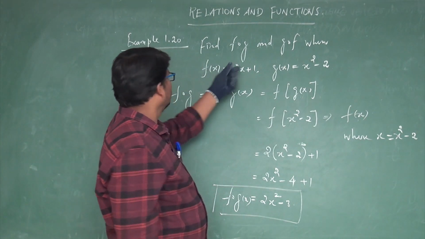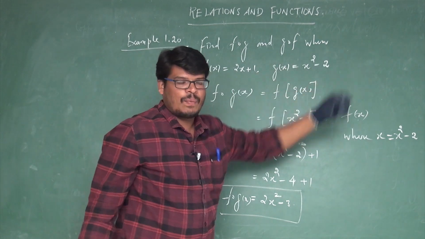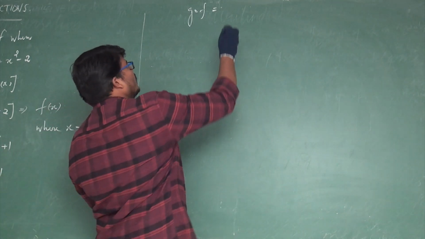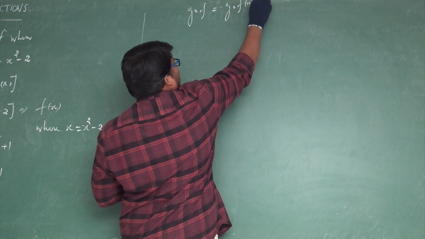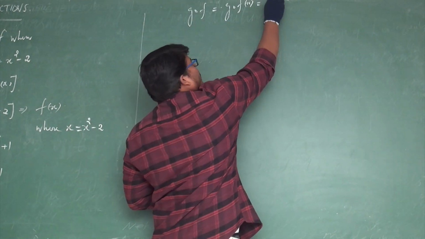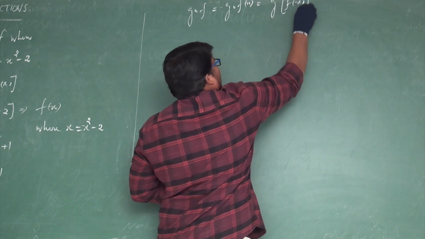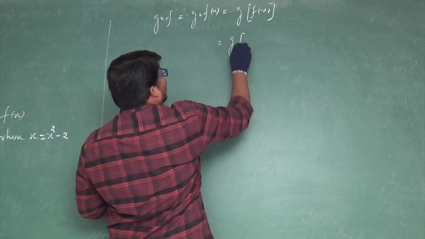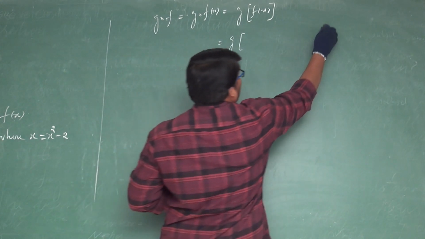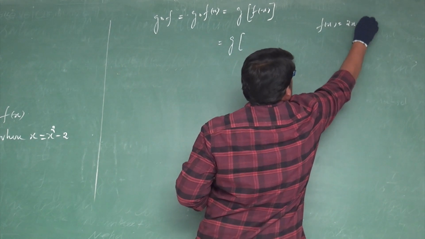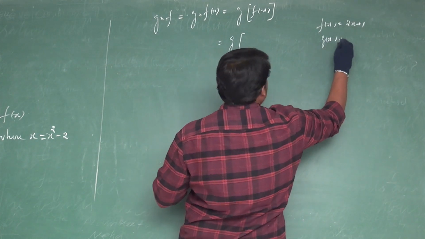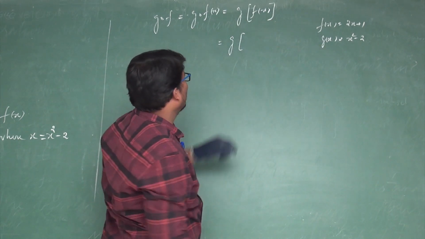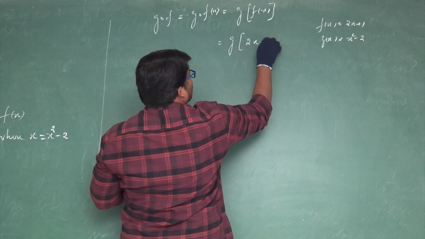The next one, find g∘f. g∘f is g of f of x, where g is outside. The functions are already given: f(x) = 2x + 1 and g(x) = x² − 2. Here f(x) is 2x + 1.